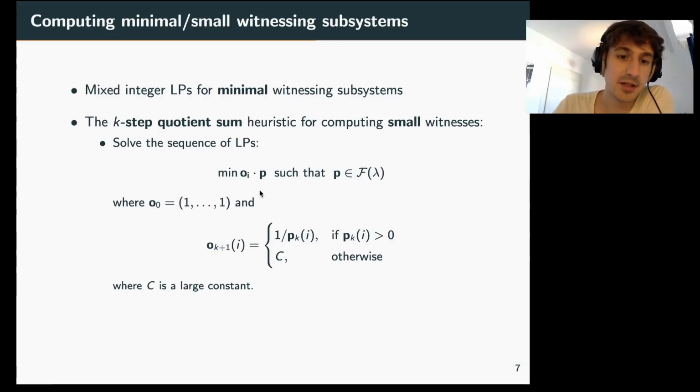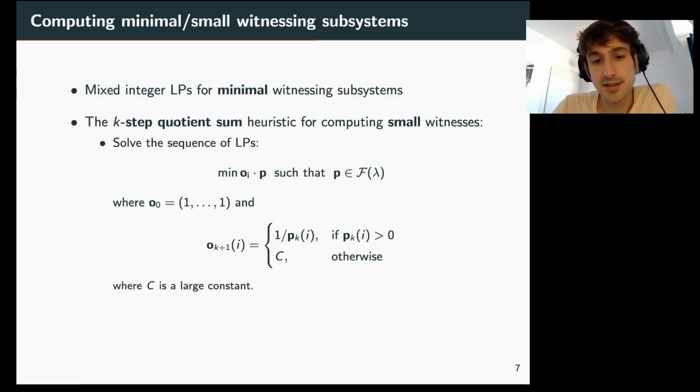So we start by setting o0 to be just the all ones vector. So all entries have equal importance in a way. And then we solve the LP, and then from a solution of the previous round, what we do is we set the new value of the ith entry to be 1 divided by the value of the solution in the previous round.